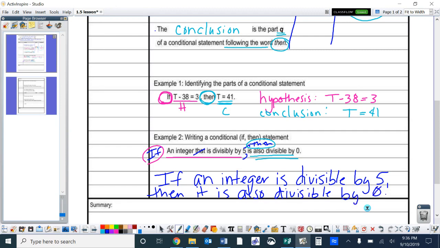We want to circle our if and our then. Remember, they're not part of the hypothesis, which we will single underline, or a part of our conclusion, which we will double underline always.